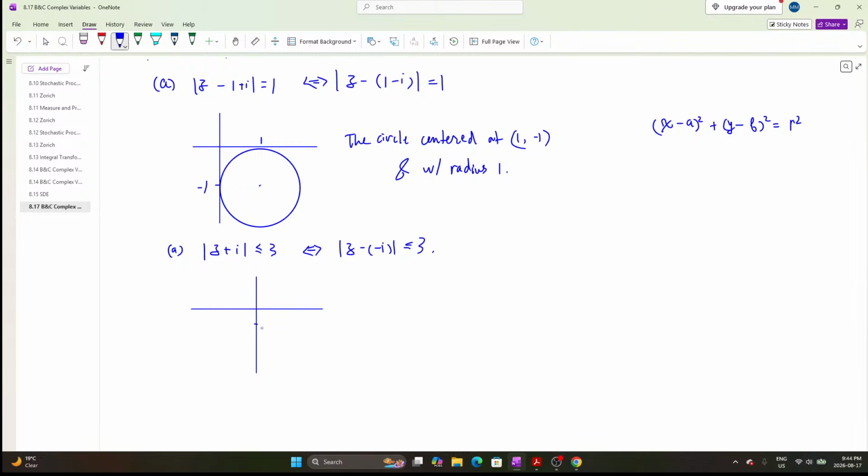There's a point on the y-axis. This is minus 1. That's 0, minus 1, the center. All right, so first let's describe the region verbally. This is the region inside and on the circle.